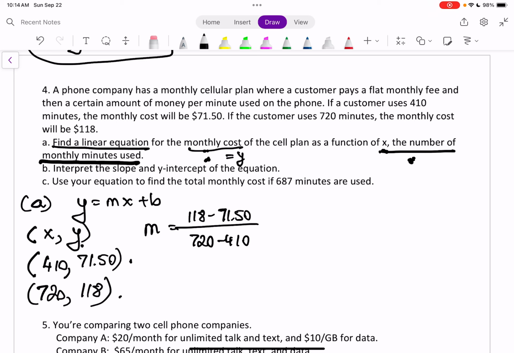So subtract the y's and then subtract the x's at the bottom. So here I have it, 46.5 divided by 310, which is going to give me 0.15. Great.